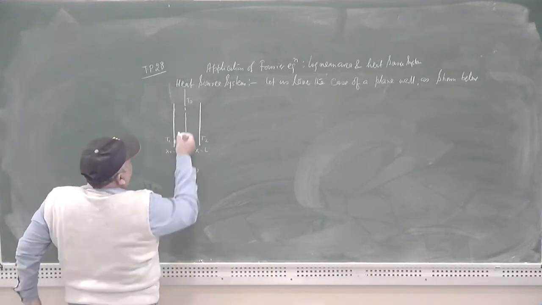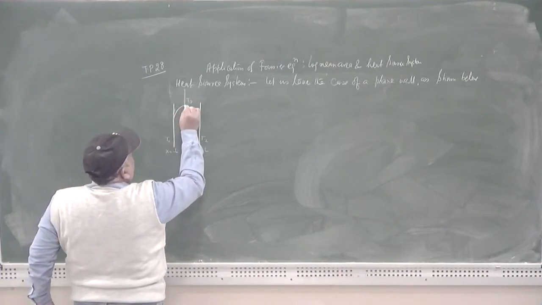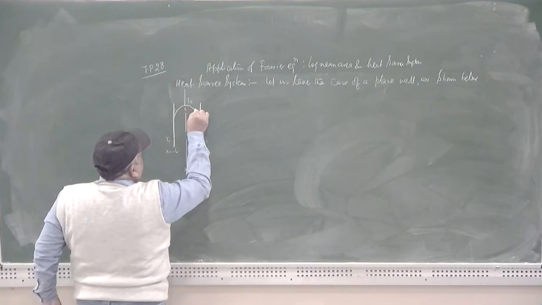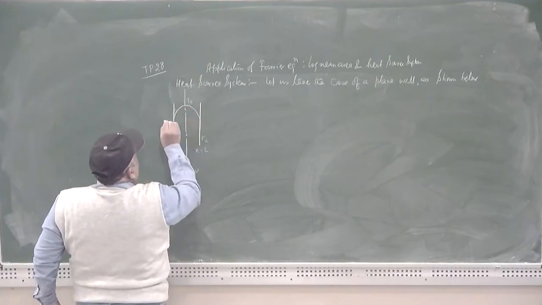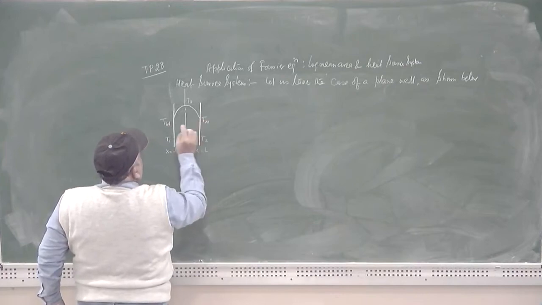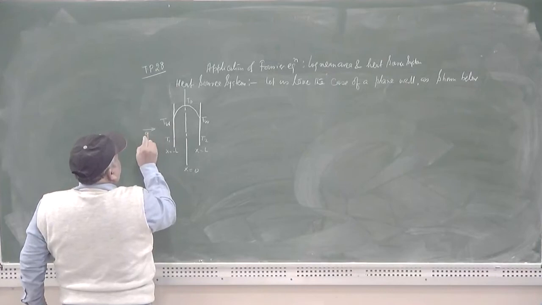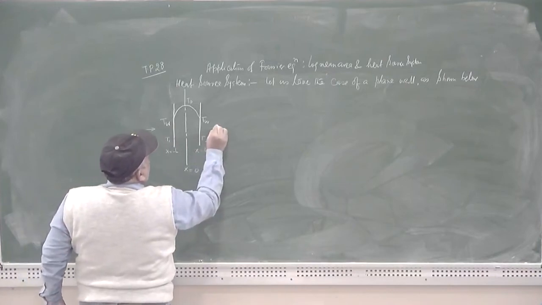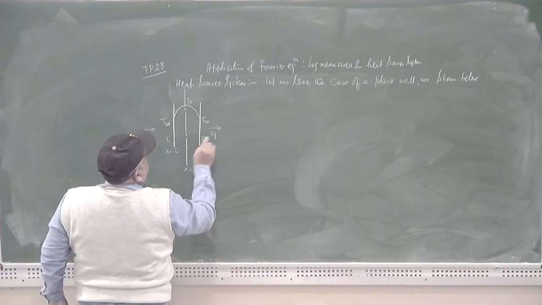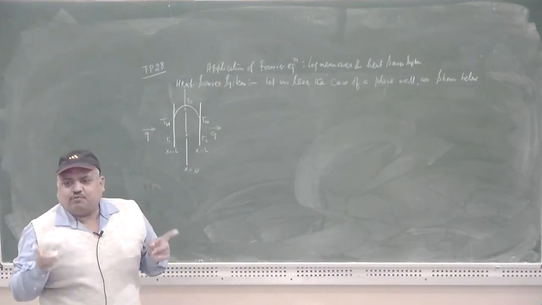So the variation of the T naught to the respective wall temperature will follow the same pathway, and by doing so they will arrive at the same wall temperature. So the quantity of heat flow rate that is entering and the quantity of heat flow rate that is leaving the plane wall should be equal in magnitude.